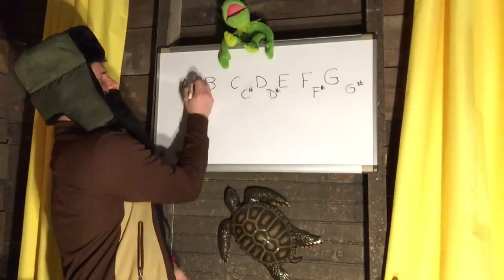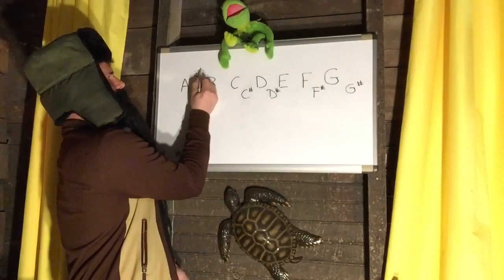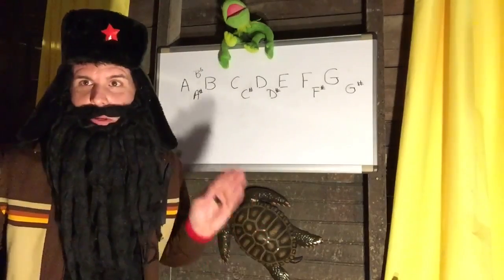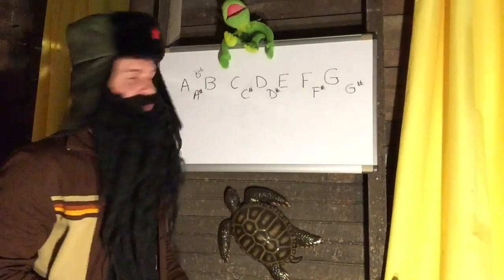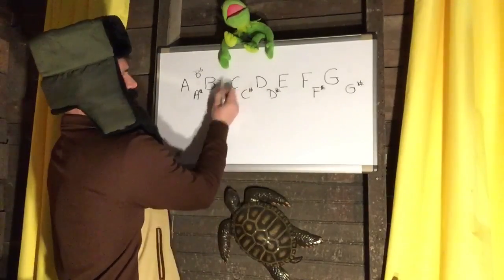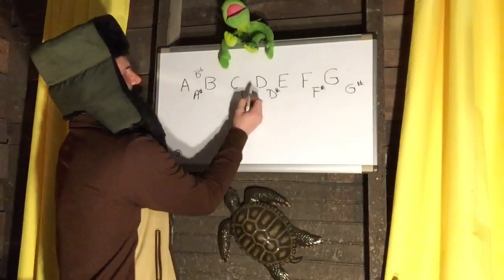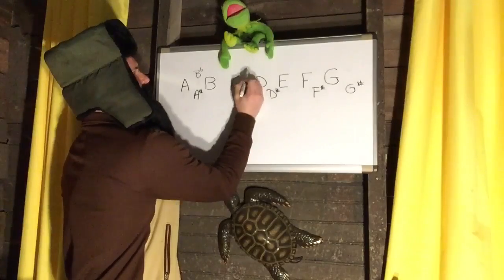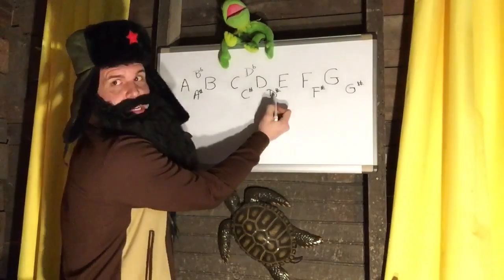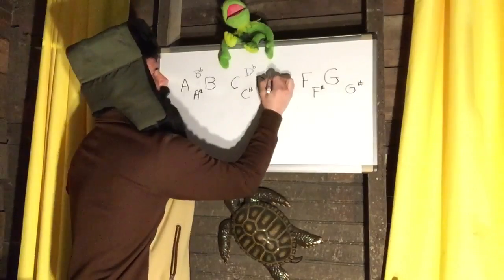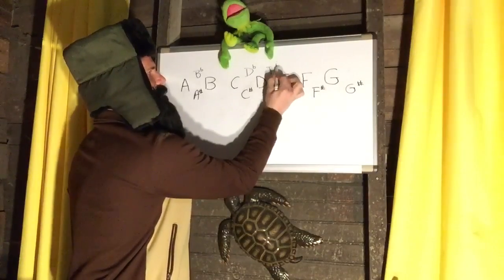A sharp is also known as B flat. Same exact note, 2 different names, no correlation with B, no correlation with A. There's nothing here. There's no note there. C sharp is also known as D flat. Are you getting the pattern here? D sharp, aka E flat.